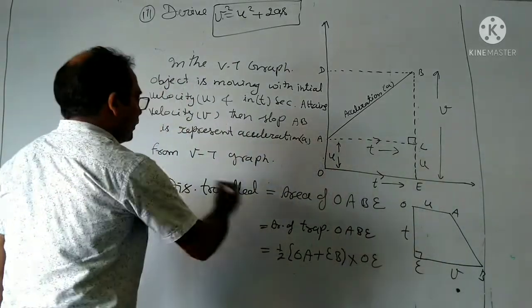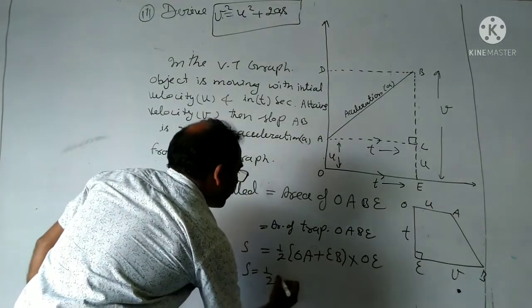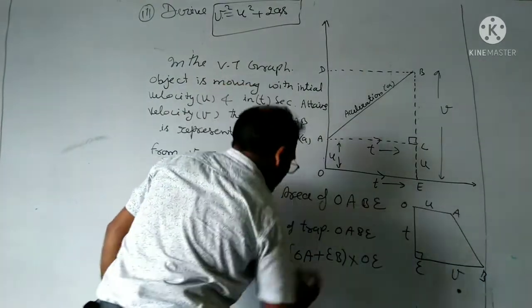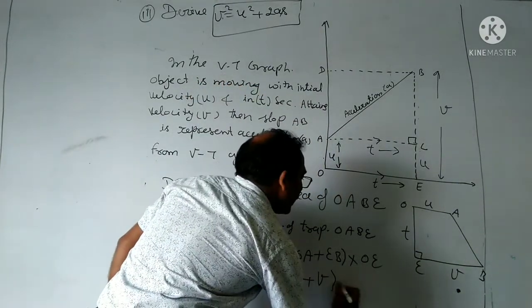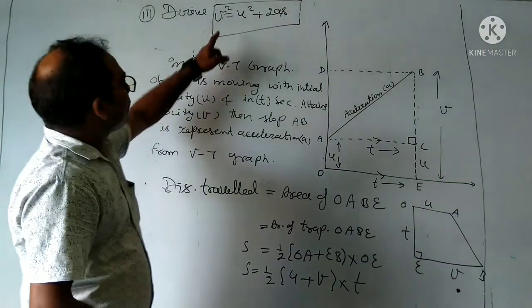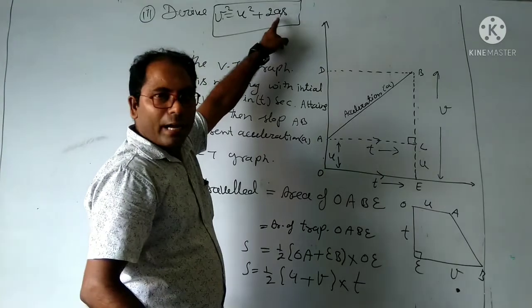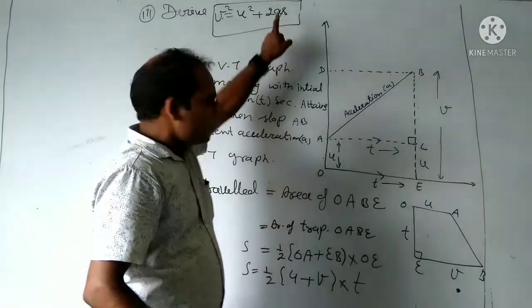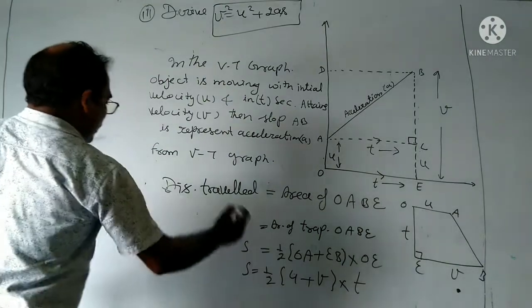We will use the value of distance traveled, that is S equals to 1 upon 2 into OA, that is U, plus EB, that is V, into OE, that is T. Now in the third equation you can see V square equals to U square plus 2AS, so the value of T from the first equation we will use here.